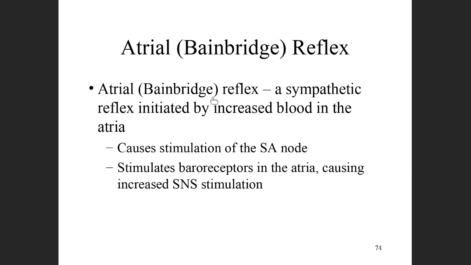So the atrial bainbridge reflex is really just saying that if you have more blood return, it stimulates the SA node, right? And as the SA node is depolarized faster, you're going to have an increased heart rate. That's it. Okay.